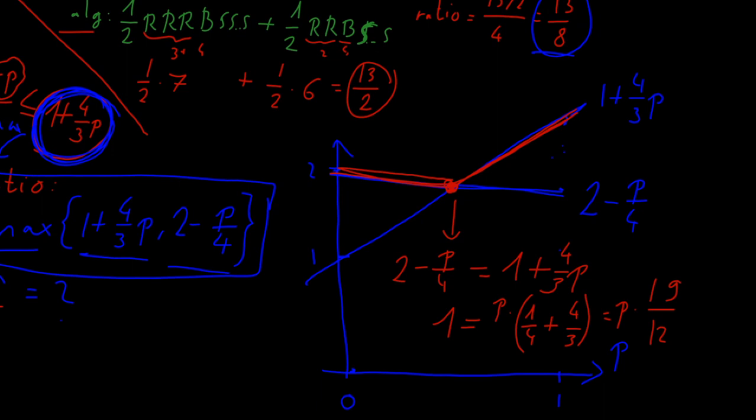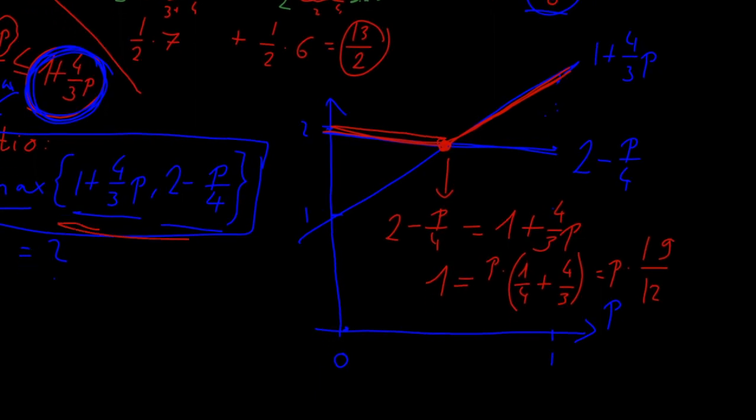Which means that this function is optimized if P is 12/19.